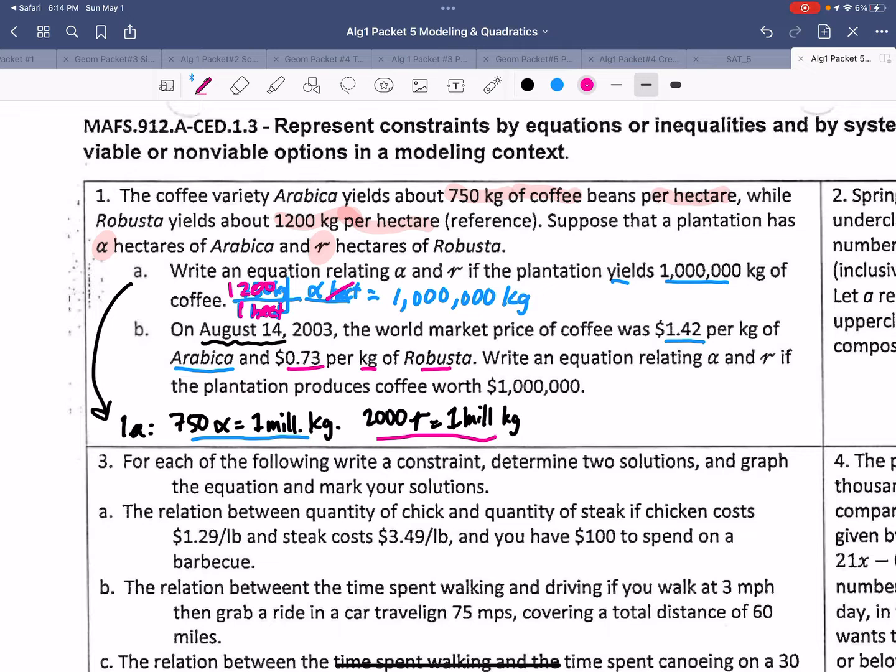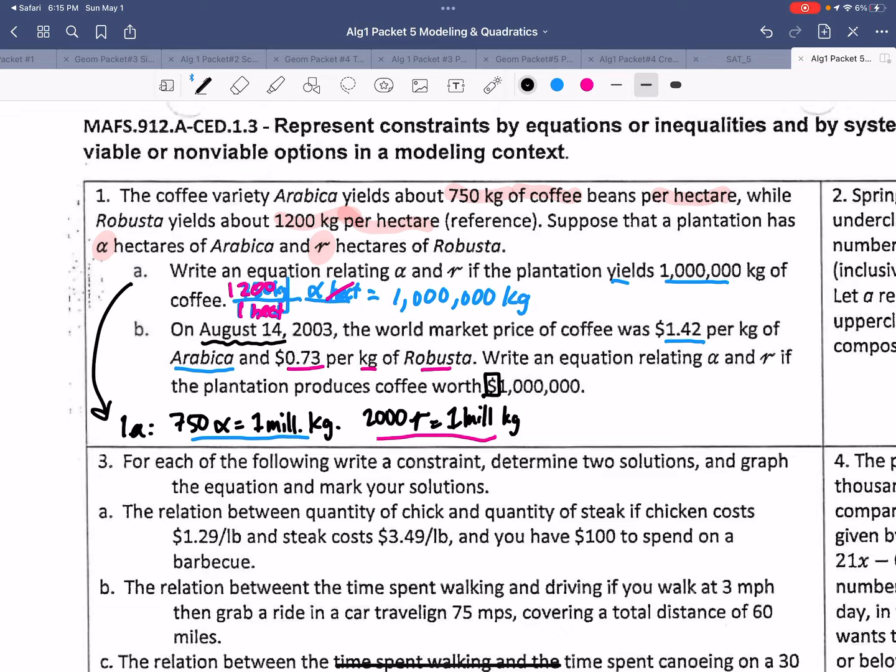Write an equation relating alpha and rho if the plantation produces $1,000,000 worth of coffee. So we need an answer in the unit dollars.